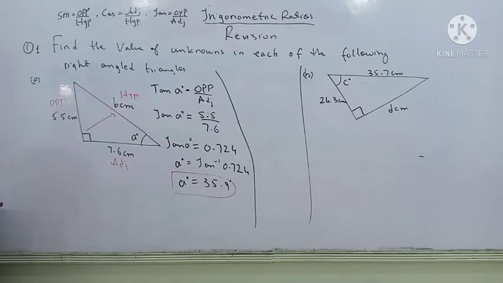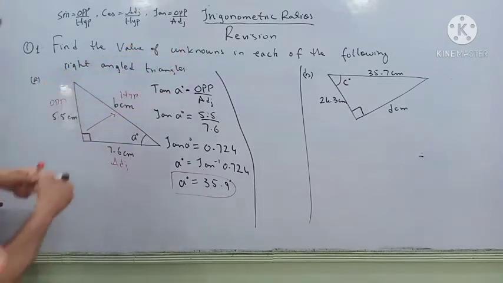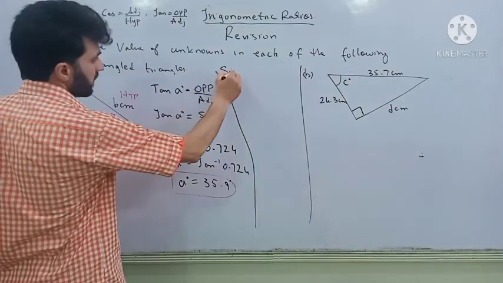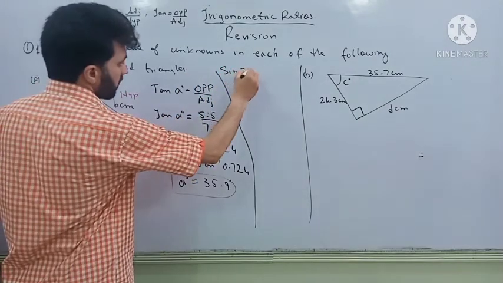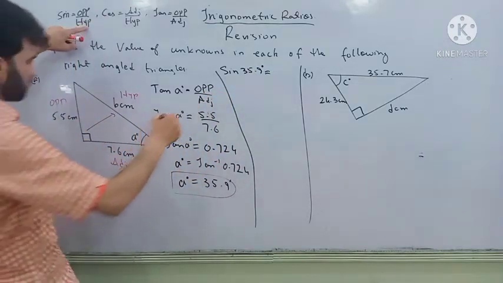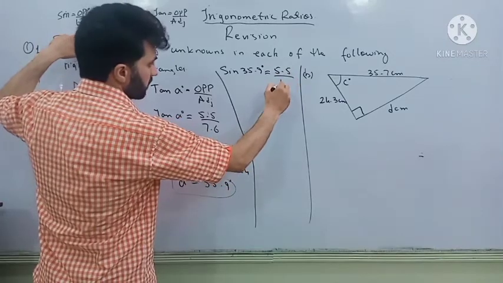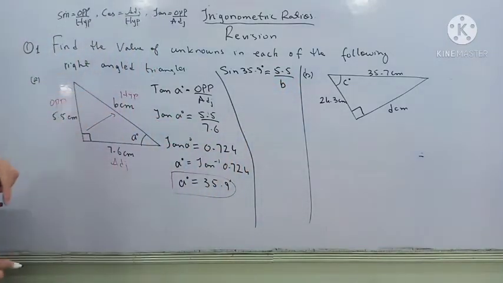We cannot apply tan. Why? Because in tan we do not have hypotenuse. We do not have hypotenuse in tan, so we cannot apply tan. So see, if you apply sine, that angle 35.9 degree is equal to sine opposite 5.5, and hypotenuse we have to find out is B, right?